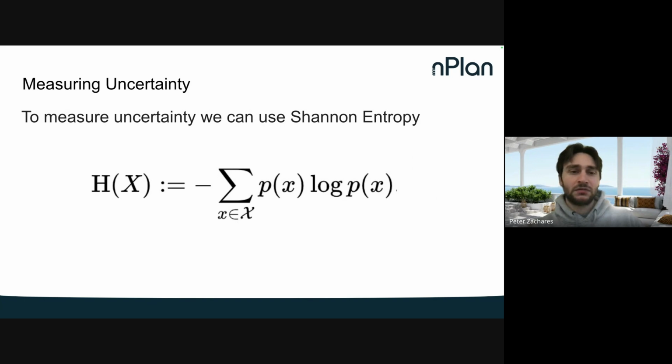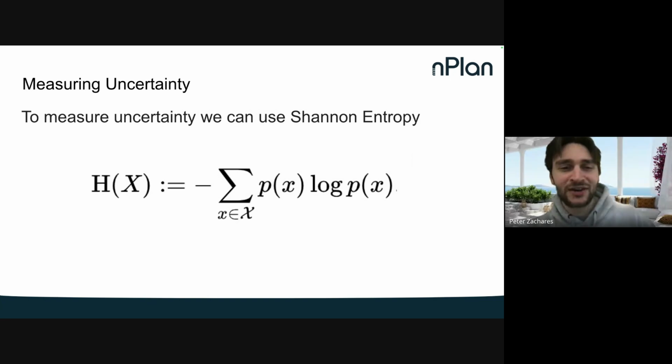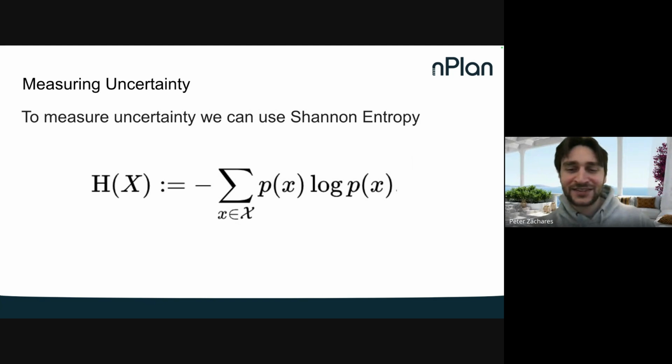Yeah, go ahead, Arvid. It's just that this is one of the cases where you can't easily change this to infinity. Everything breaks essentially. Okay, so keep it discrete. Thanks, Arvid. But yeah, this is the way that for discrete probability distributions, they measure entropy.